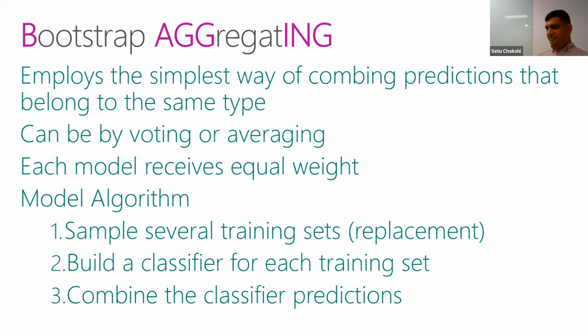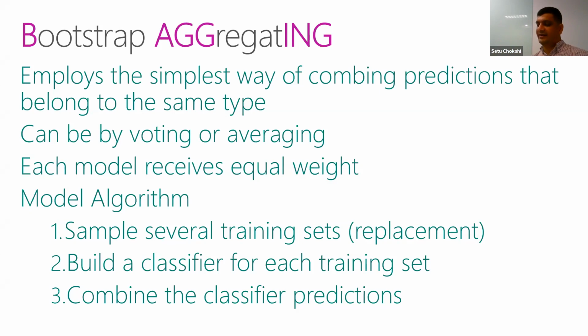Somebody asked me to repeat it. Let's say I have 1000 data points, going back to the housing data set with 7 features. Now I'm going to build a decision tree with, let's say, 100 data points. I'm going to sample 100 data points with replacement, so once I pick a value, that value is also eligible to be picked again.